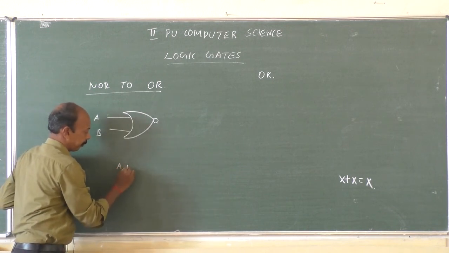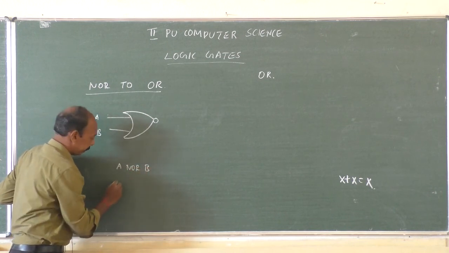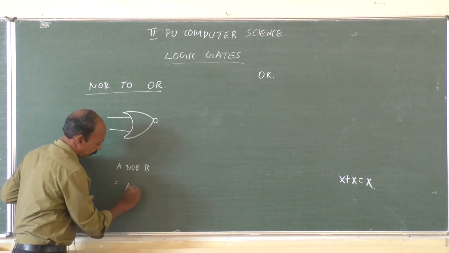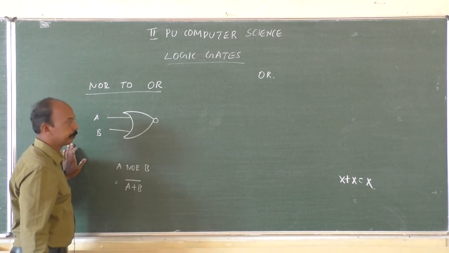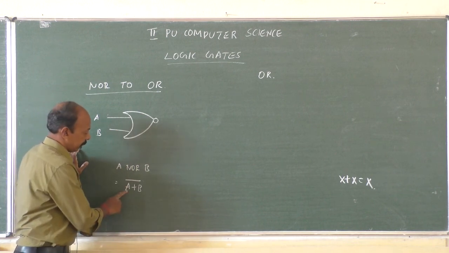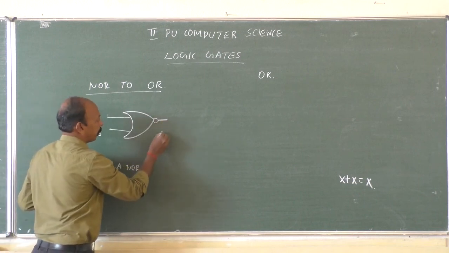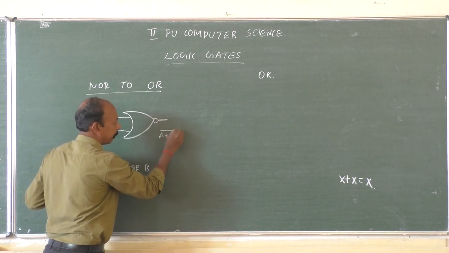A NOR B, which is equal to A or B complement. So the output will be A plus B complement.